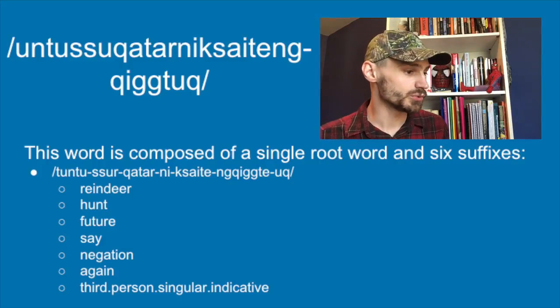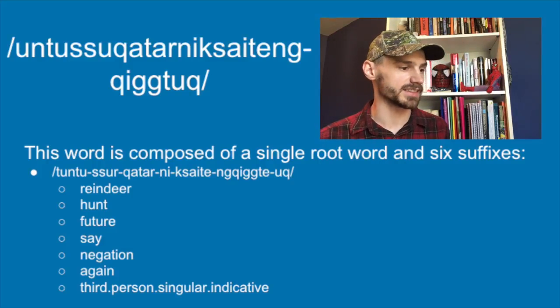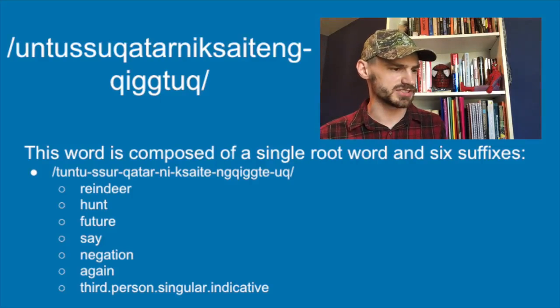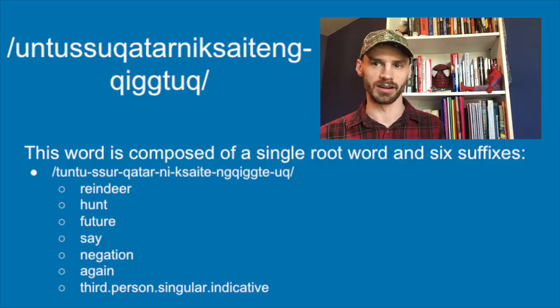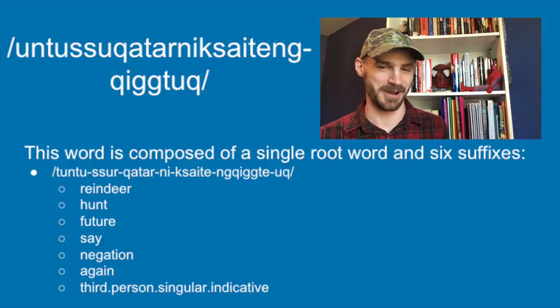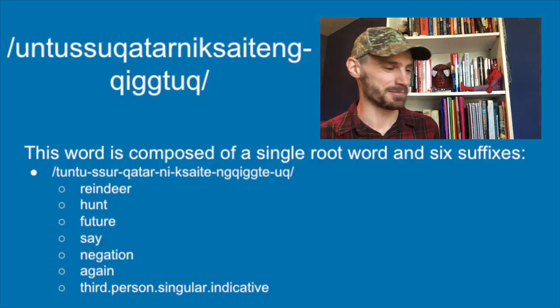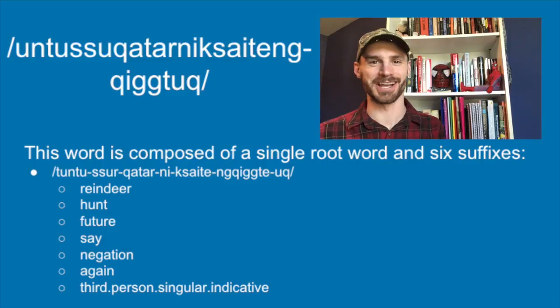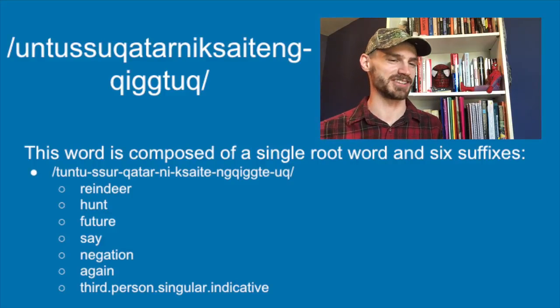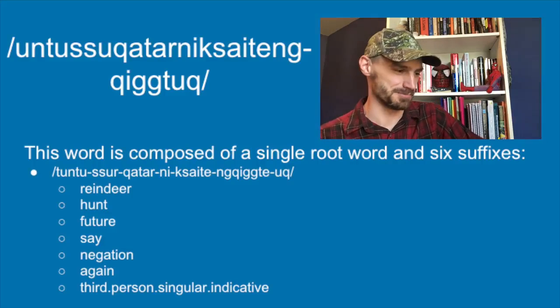So, tuntusar atar niksaite gite uk. I don't know how to say that. I probably shouldn't have even tried. I apologize if you're a native Yupik speaker and I just insulted your language by butchering it.